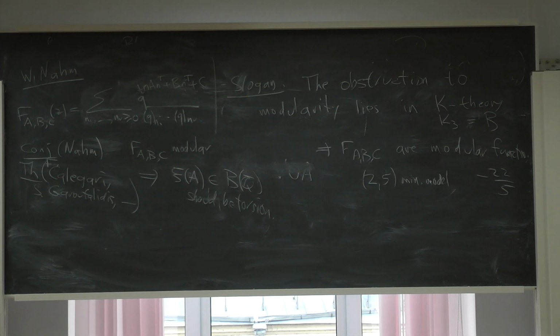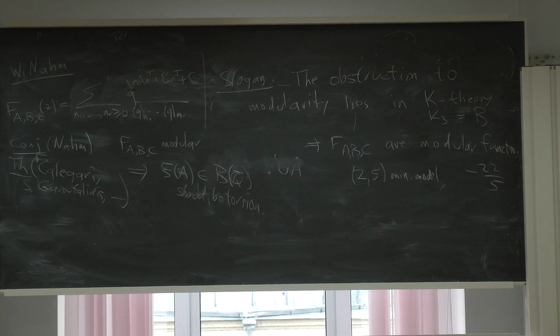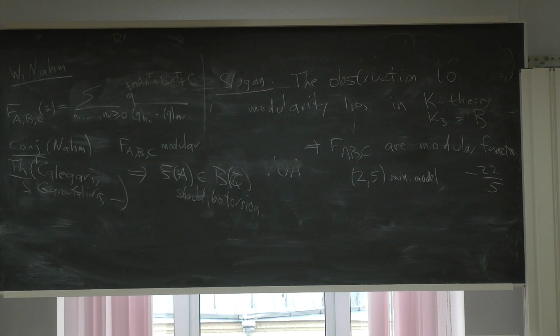There was a version of Nahm's conjecture, and two students of mine, well, one was an ex-postdoc and one was an ex-student of mine, both of whom have been here often, wrote a paper saying, I don't know if it was in the title, but Nahm's conjecture is wrong. They gave a counterexample. But actually, they gave a counterexample to a strengthened formulation that I gave in my expository paper. I made Nahm's conjecture much better known than it was.